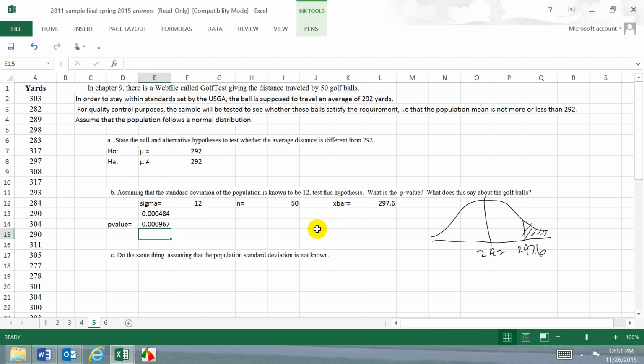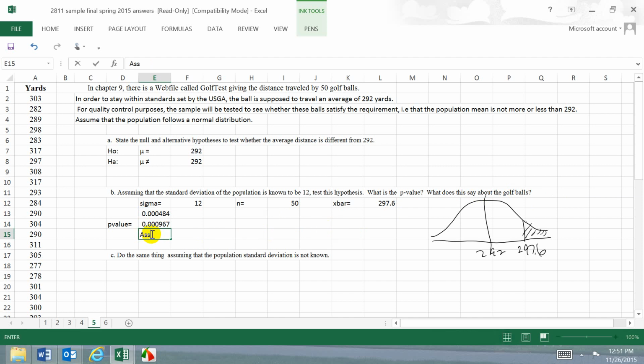So now, with that p-value, what does this say about golf balls? Since the p-value is well less than alpha, we didn't say what alpha is, but we said that we'll assume that alpha is 0.05 if we're not given anything.